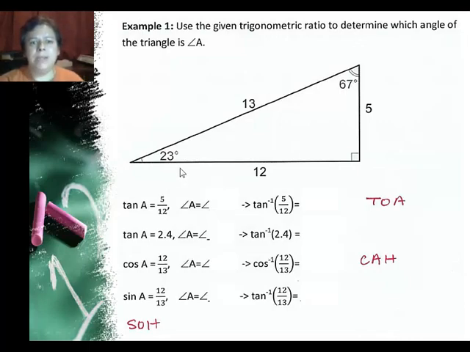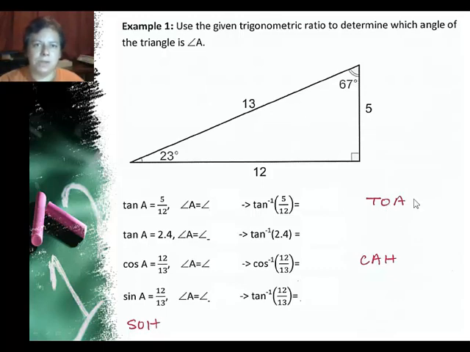In this example, I have a 5, 12, 13 triangle, and the angles are approximately 23 degrees and 67 degrees. I already know the degrees, so we're just trying to get some practice in what goes with what on the inverse function. Here it's saying tangent of angle A is 5 over 12. You need to remember what tangent is, and here I wrote it on the side: TOA, part of SOHCAHTOA.